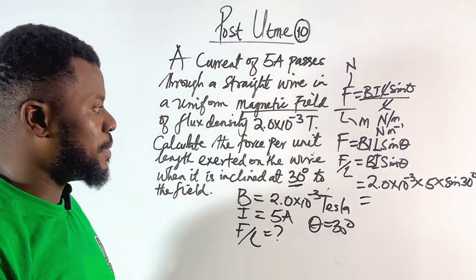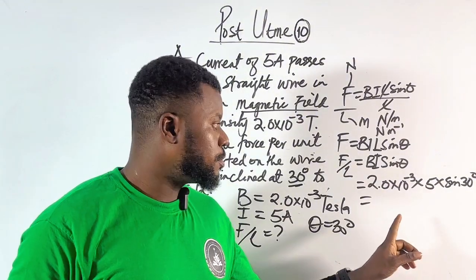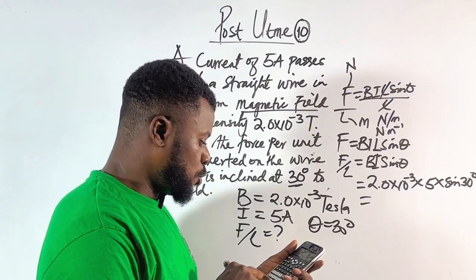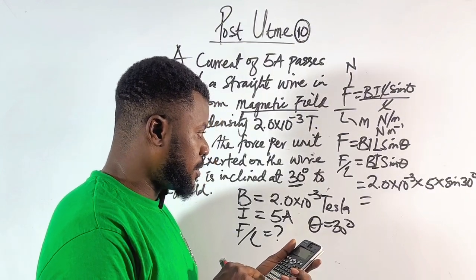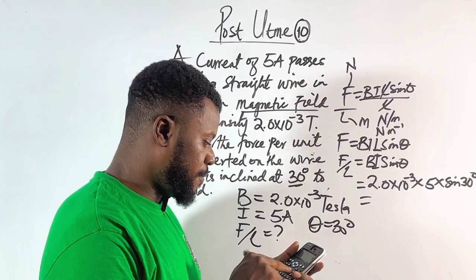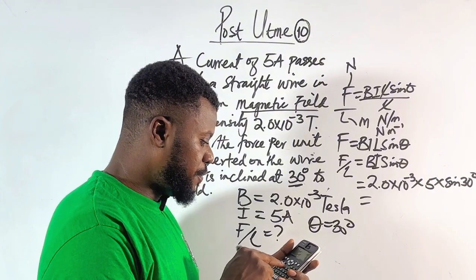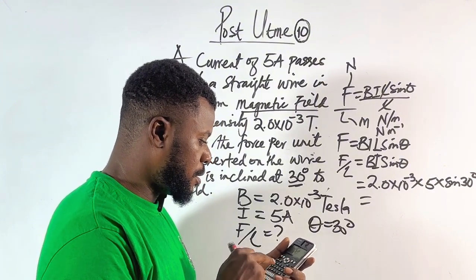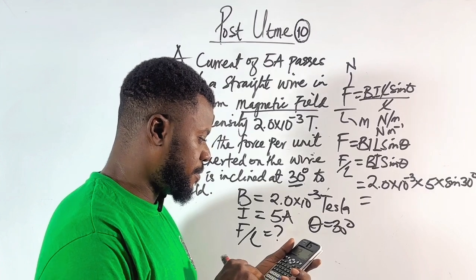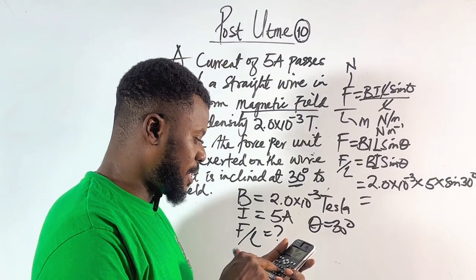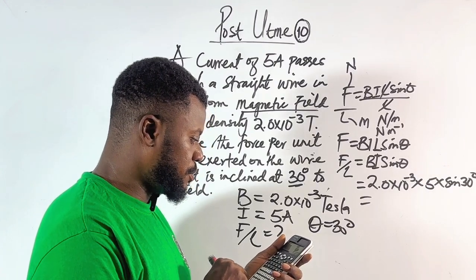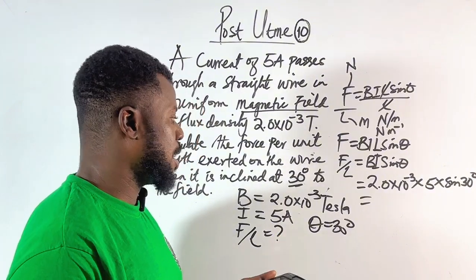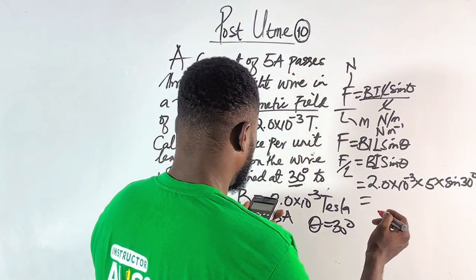So make we calculate this particular one. 2.0 times 10 to the power of negative 3 times 5 times sine 30 degrees. I put everything directly, which I get now, 5 times 10 to the power of negative 3.